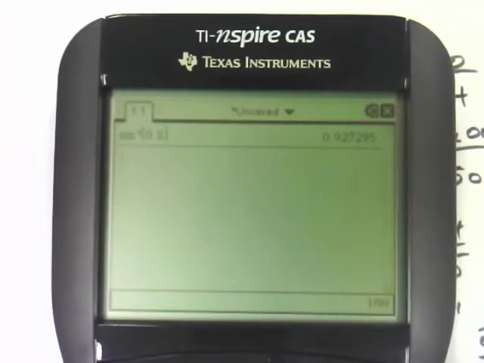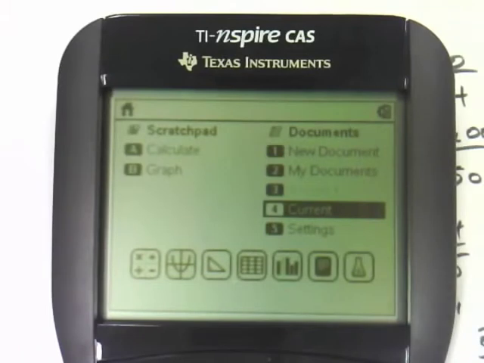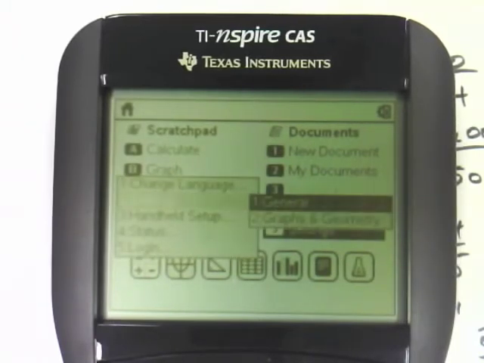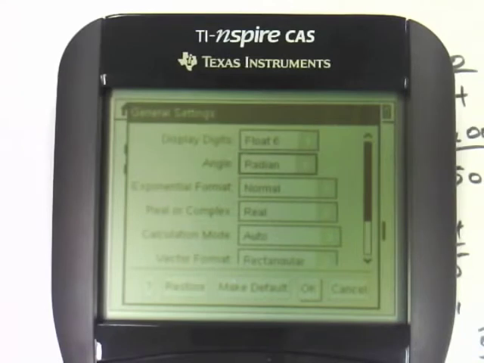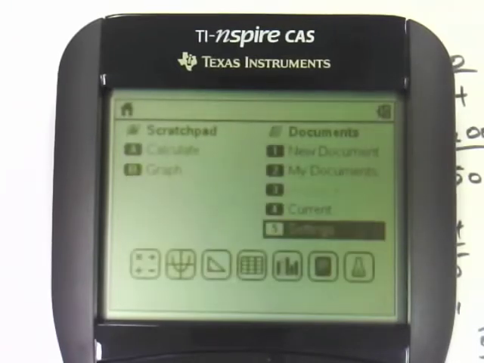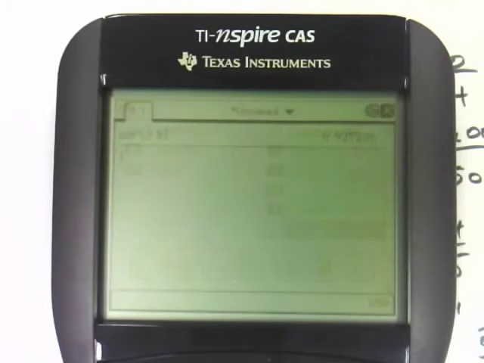So what I want you to do, guys, is make sure when you start this topic, I want you to go into your settings. So press Home, and then go into Settings, all right, and go into General, okay. And in this angle here, I want you to make sure that this actually reads degree, okay, because what happens then, if I go back to my current document and I press Enter again, it actually comes out as a degree instead of in radians.